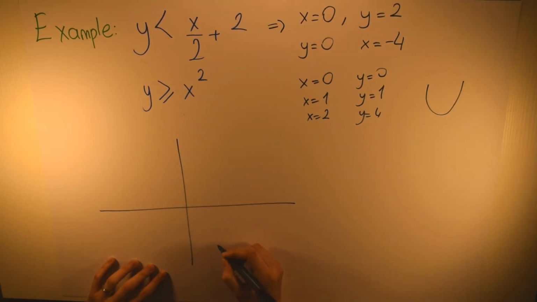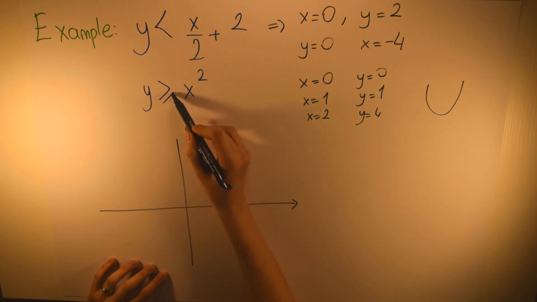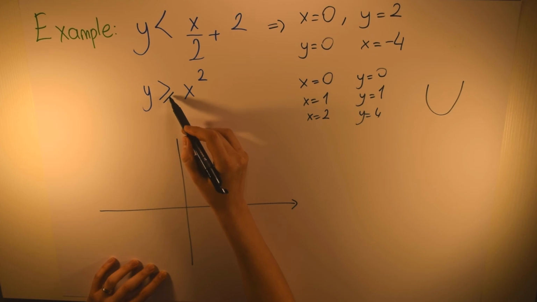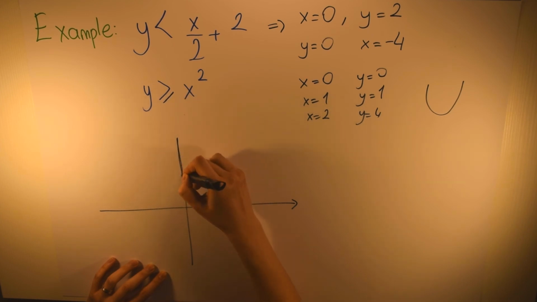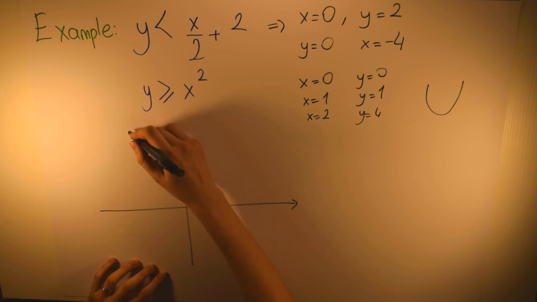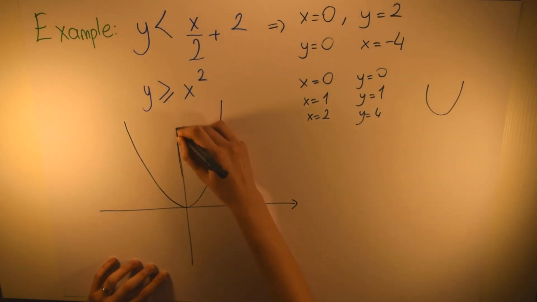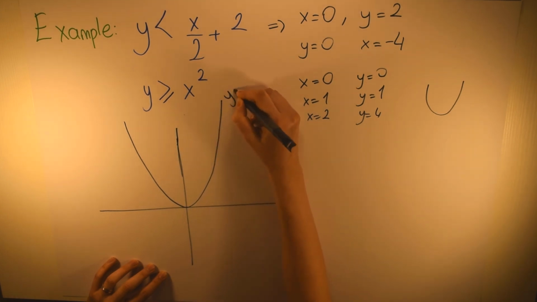Here we have our lines, and since we have equality here, it will be a normal curve line, which is something like this. Okay, so this is y is equal to x squared.